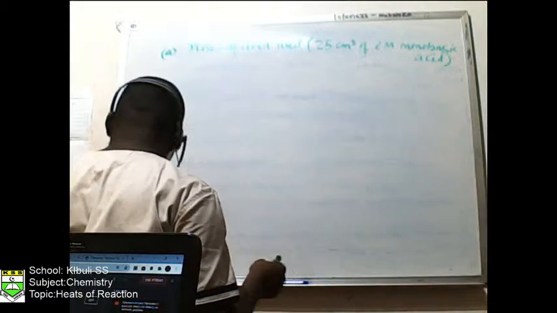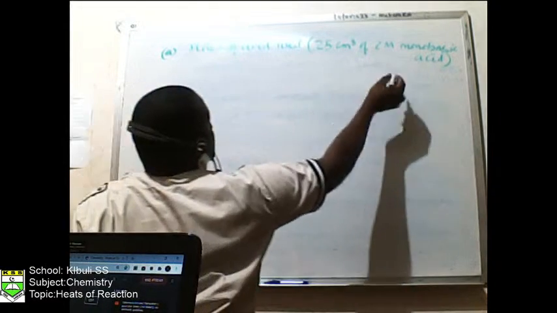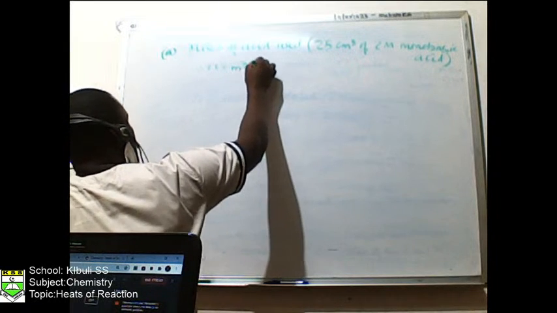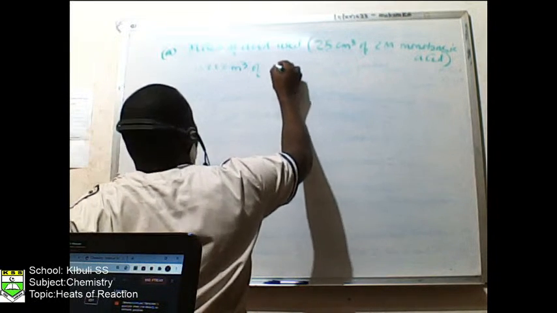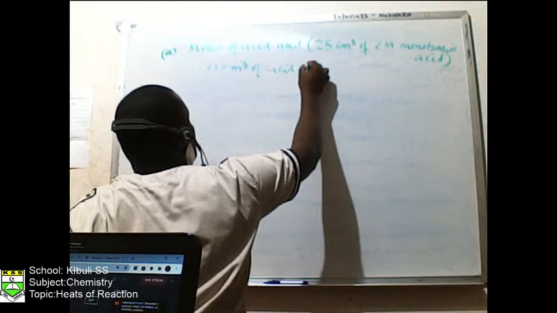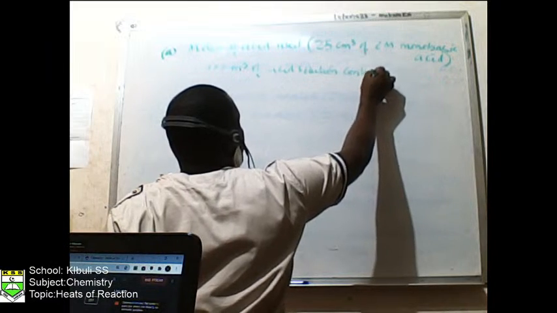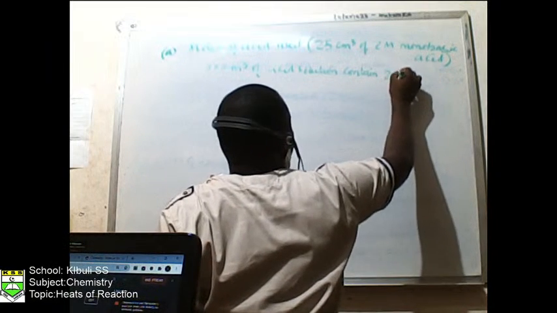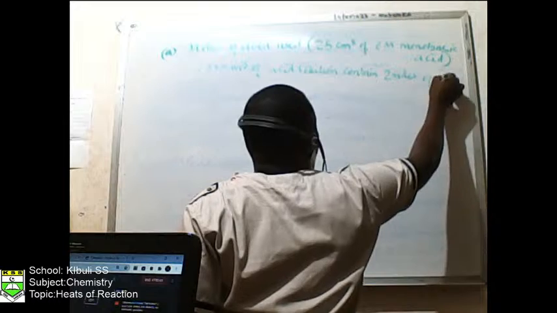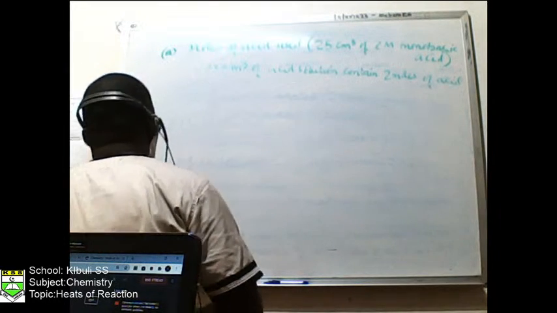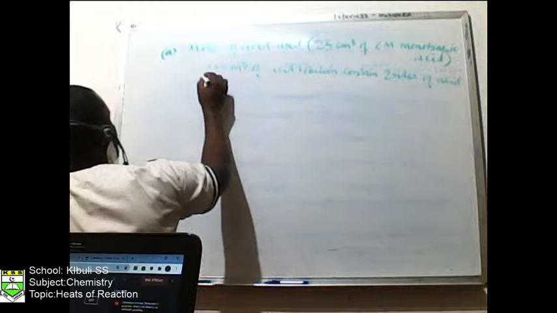2 molar monobasic acid. So, according to this, you have 1,000 cubic centimeters of acid solution contain 2 moles of acid. What about 25?